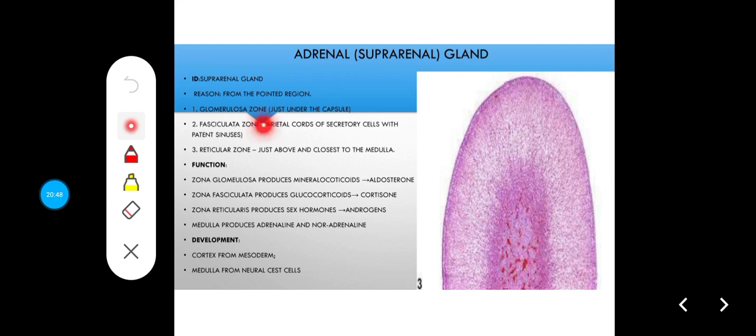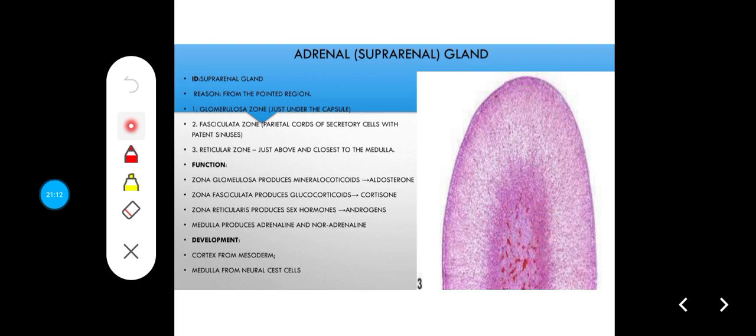Then the presence of zona fasciculata, which are parallel cords of secretory cells with patent sinusoids. So zona fasciculata is the most abundant area of the cortex. Then the zona reticularis, which is just above and closest to the medulla, which is this.